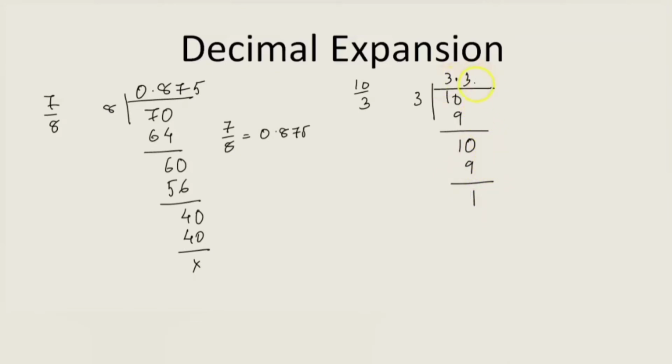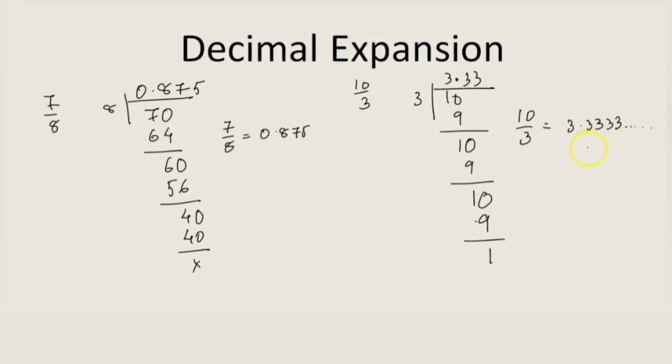Again, for the decimal, you add 0. Again, 3 times 3 gives you 9, and again you are getting remainder 1. So this process will continue. As a result, you can say that the number 3 repeats after the decimal. So for 10 by 3, the decimal expansion is 3.33333 and so on.